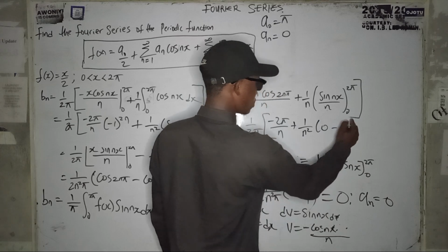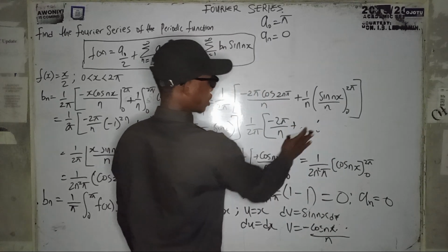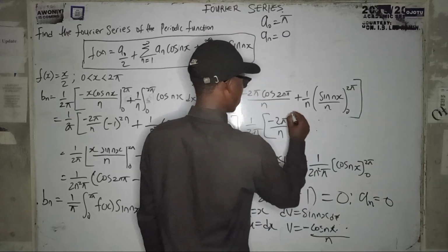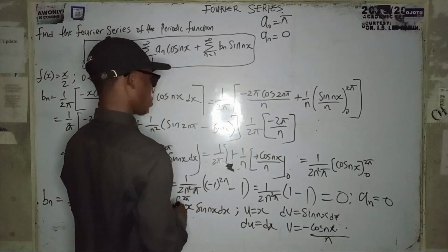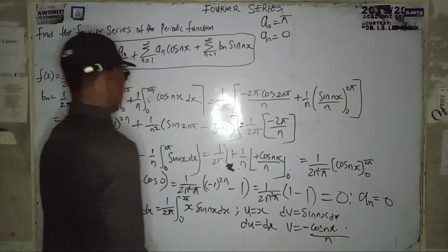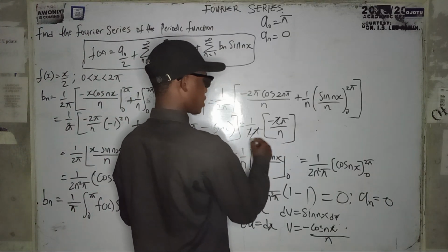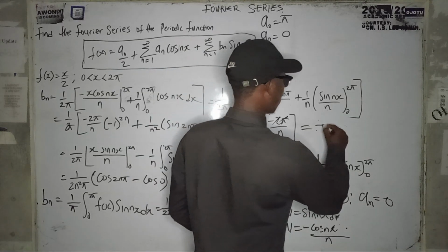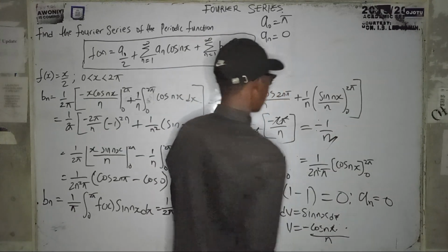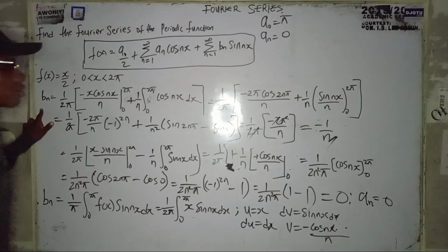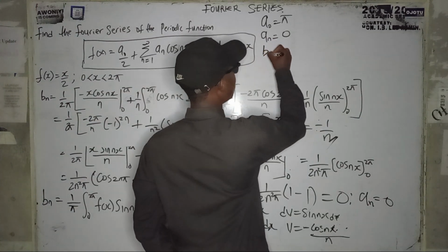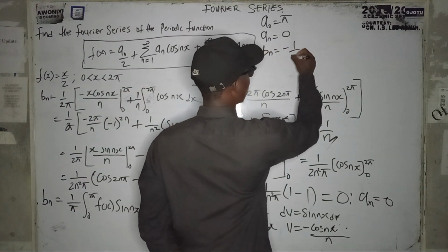Since this is 0, it can just cancel out, and therefore we have it as this. Here 2 cancels 2, and pi cancels pi, therefore this will be equal to minus 1 over n. That's our value of bn. So therefore our value of bn is equal to minus 1 over n.